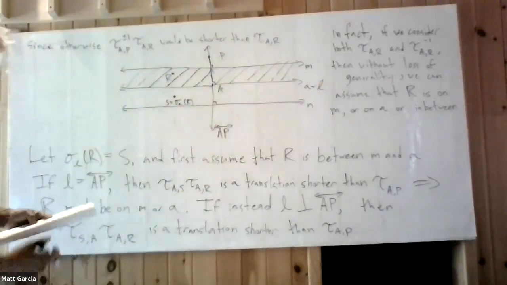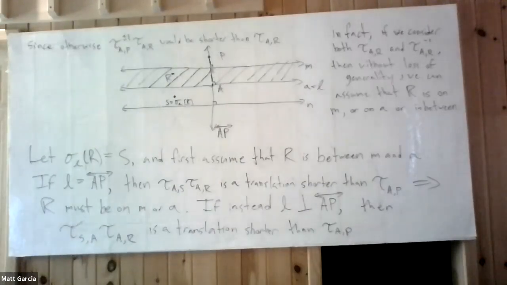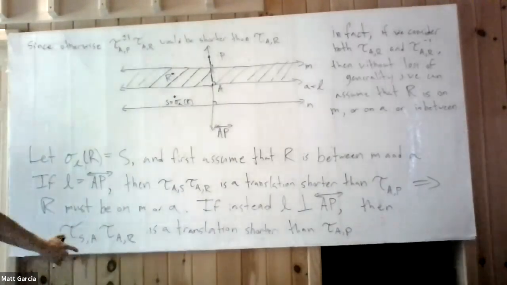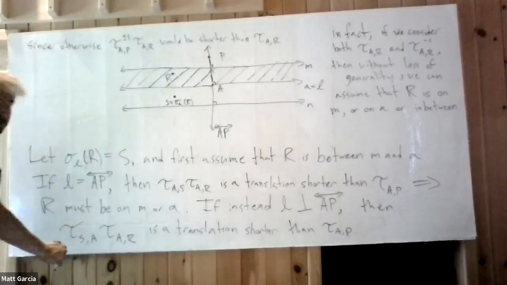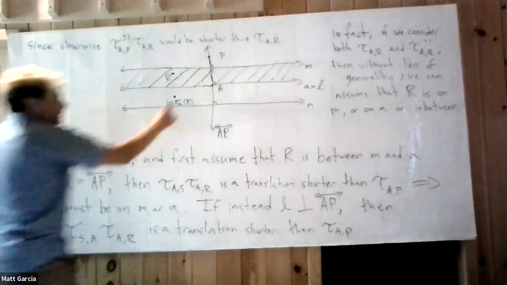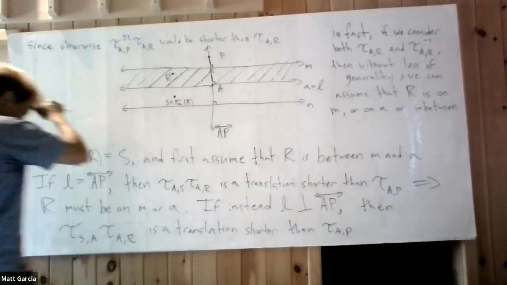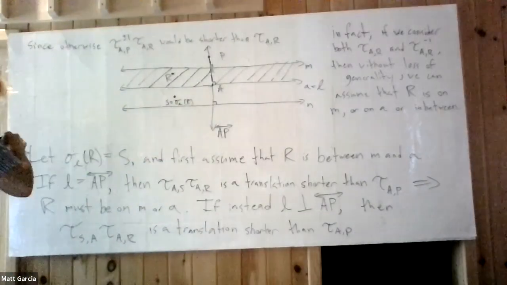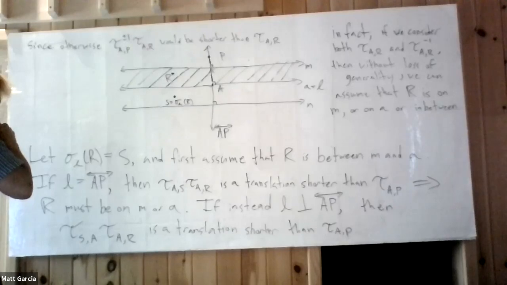Okay, now what happens when I take this product of translations? I have the translation that takes S to A, right?